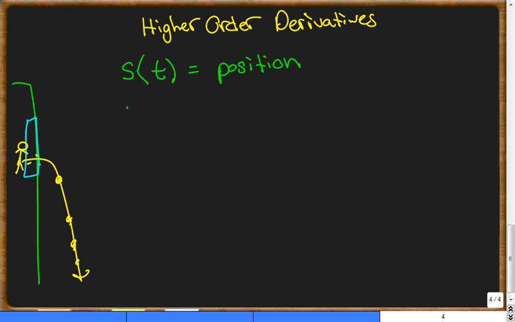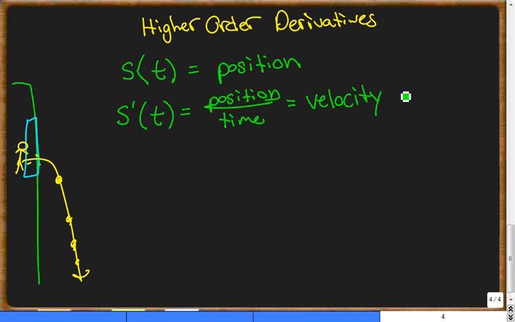Well, if I were to take the derivative of my position function, so as my position changes over time, well, we generally call that velocity, which we signal as v of t.